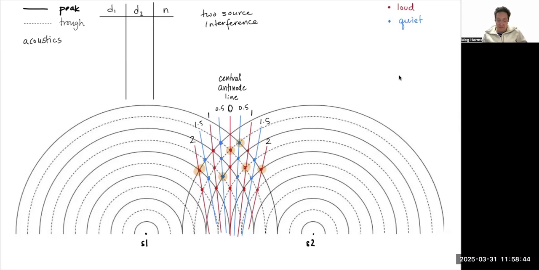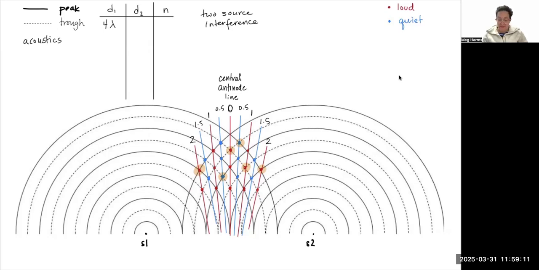Okay, so if I'm looking at this point right here, I'm going to count how many wavelengths I am away from speaker 1. And what I'm really doing is just counting 1 wave, 2 waves, 3 waves, 4 waves. So I am 4 wavelengths away from speaker 1.